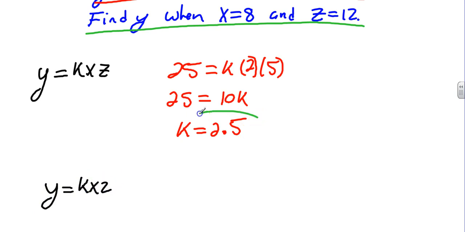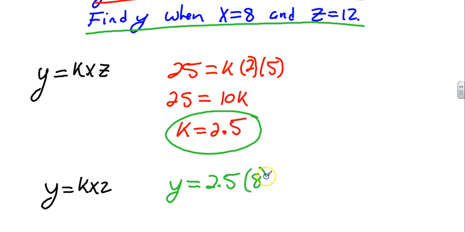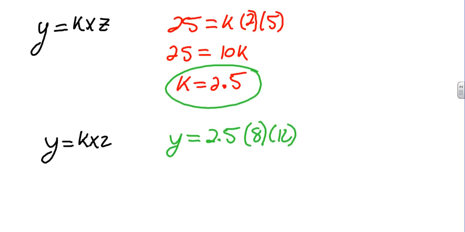And lastly, we'll take the 2.5 here, and then the last two values from that last line, plug it all in, find the final answer that we're looking for. So we know that k is 2.5, x is 8, and z is 12. Okay, 2.5 times 8 should be 20. And then 20 times 12 is 240.